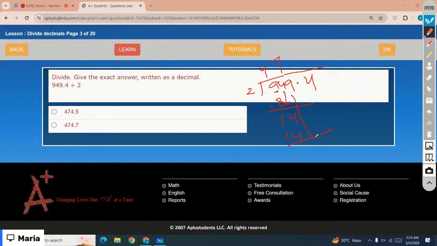Bring the next digit down. That would be 2 times 4 is 8. And 9 take away 8 is 1. Now bring the decimal point and the next digit down. So you need to keep the decimal point here. And 2 times 7 is 14. So the correct option is 474.7, right?